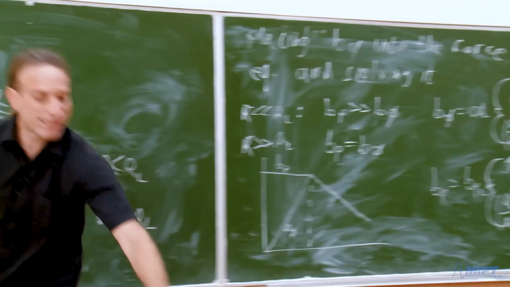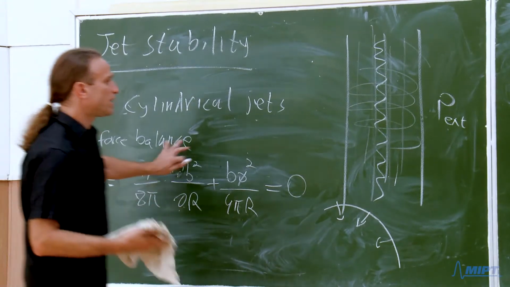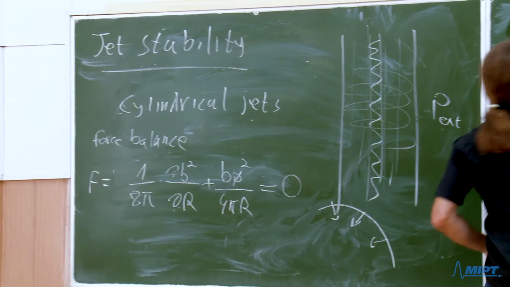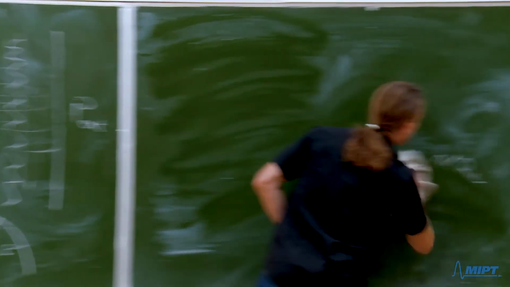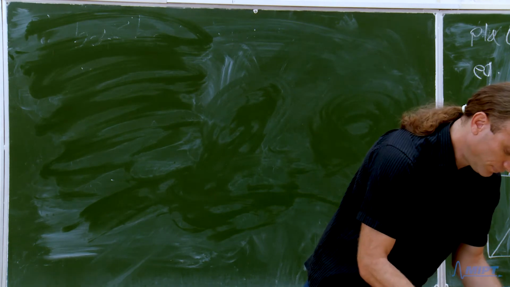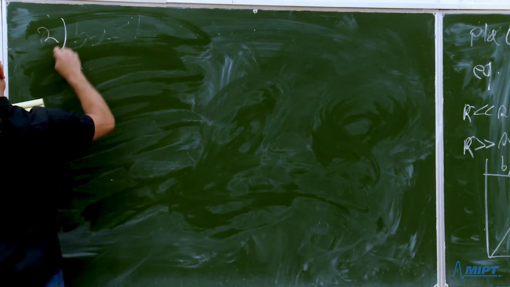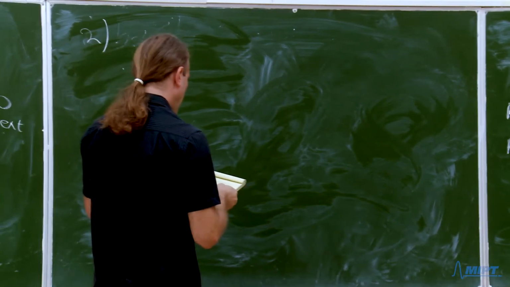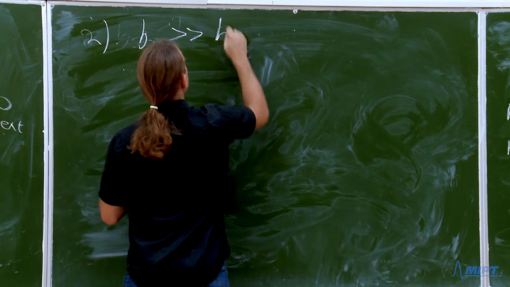Okay? Now in the second regime, let's look at the second regime. Okay? Let's skip that because I need it. And now let's look at the second regime. So in the second regime, okay, I have B phi much larger than BP.